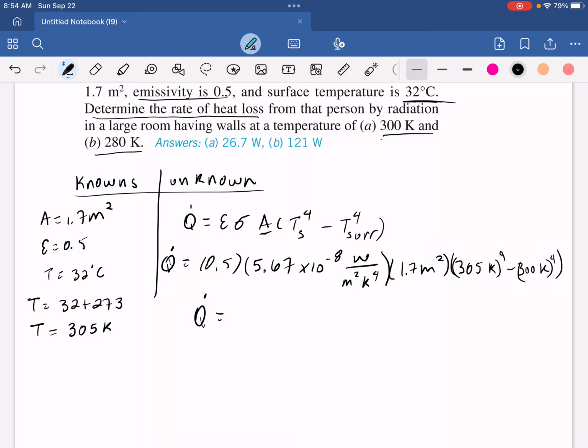And actually, let me just redo this. 305 raised to the fourth is going to be, oh no, that is wrong.